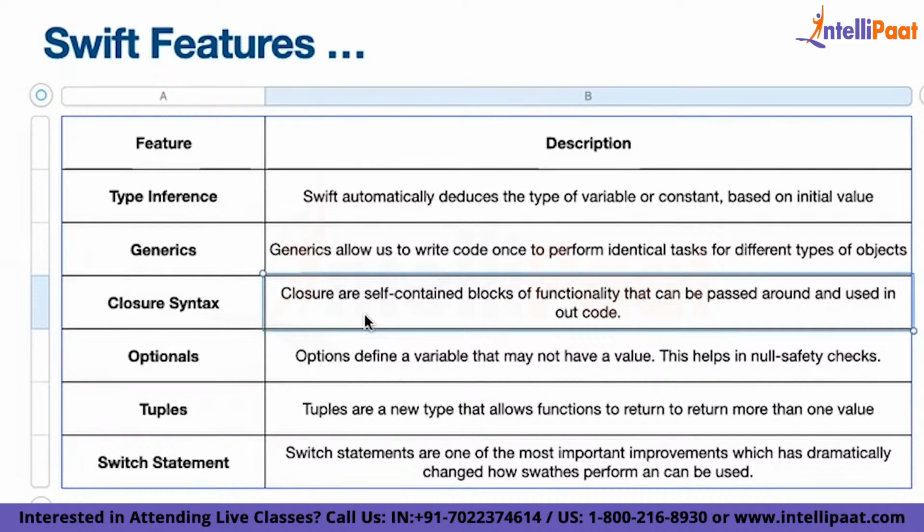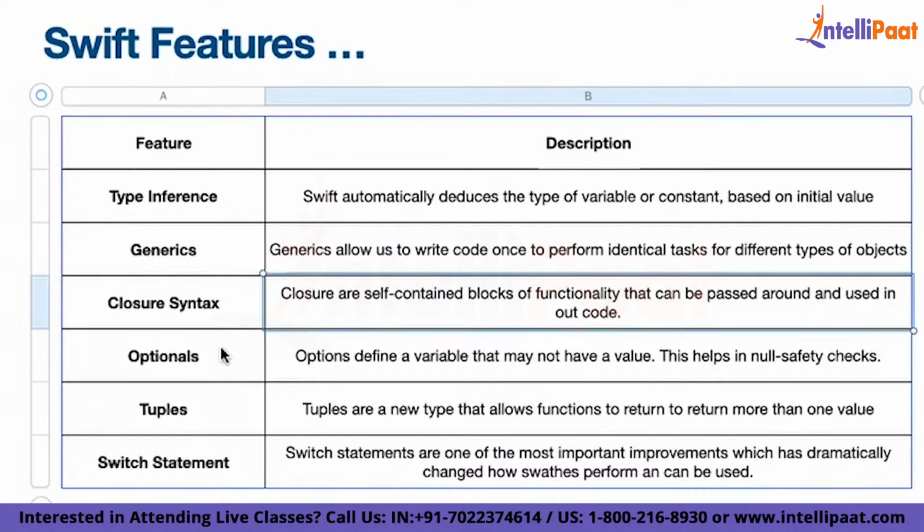It does not have a name, or I can say it does not need to have a name, but closures in iOS can be first-class participants of Swift. That means they can be created as variables, but they are self-contained blocks of specific functionality, and they are called after completion of a particular task.